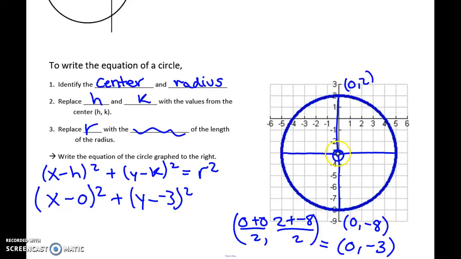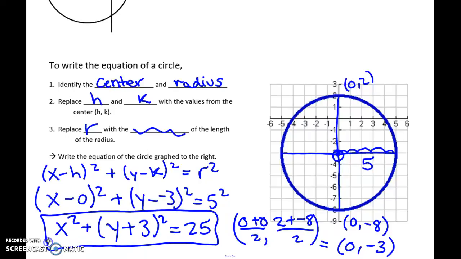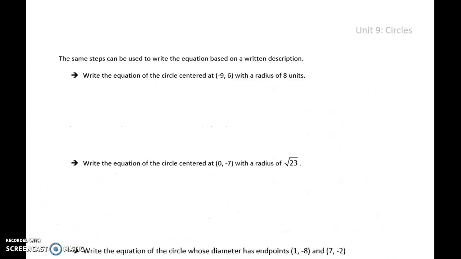Here I am 1, 2, 3, 4, 5 units away to the edge, so my radius is 5 squared. Then I simplify. X minus 0 is just x squared. Y minus -3 is just y plus 3 squared. And 5 squared is 25. And so that would be the equation of that circle.